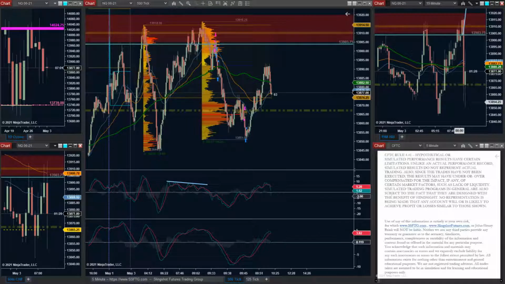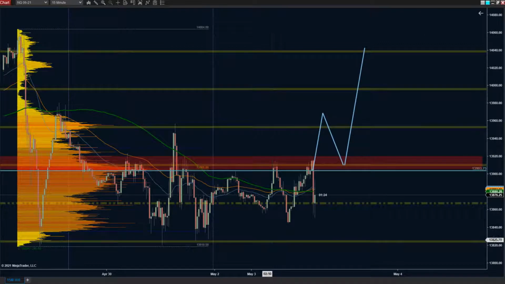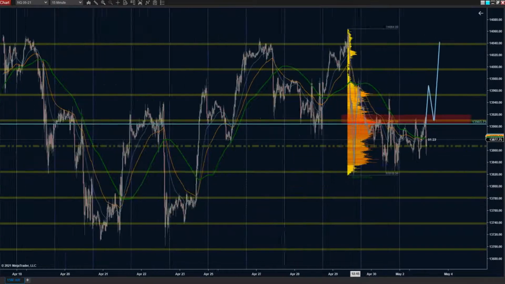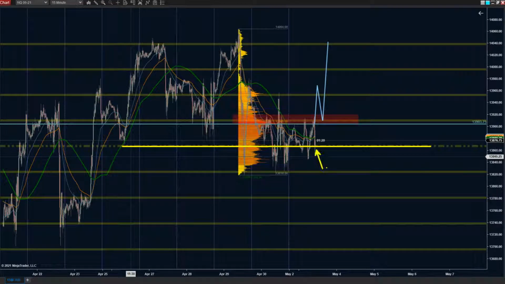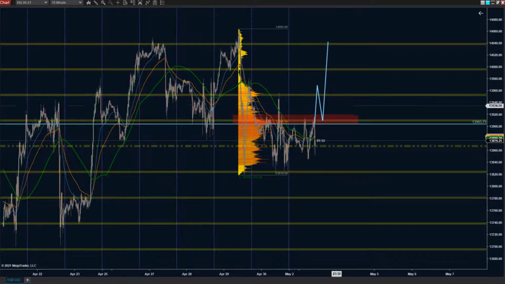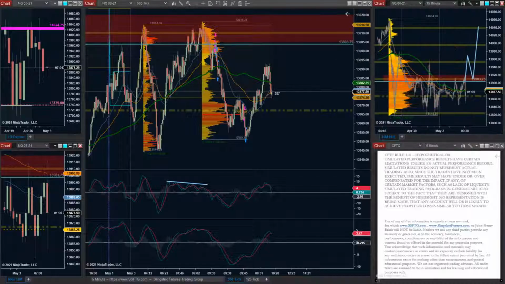In reality, this is a bounce off of a major zone of support. It's right there. We did not break above that sell zone, which is obviously a problem. This current bull bar on the 15 helps.